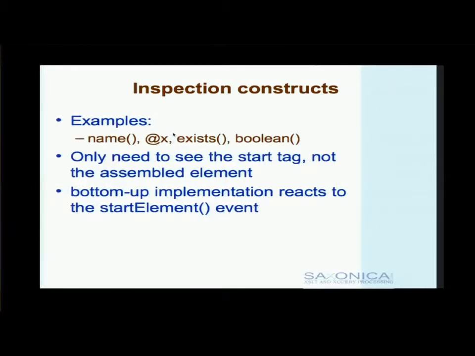Those examples were both working at the level of items, but sometimes the pipeline needs to work at the level of events. And a common case for that is with what the spec calls inspection constructs, which are basically things that we can evaluate when we're positioned on the start tag without consuming any input. And typically there, the relevant feed for that does the evaluation when it sees the start tag.